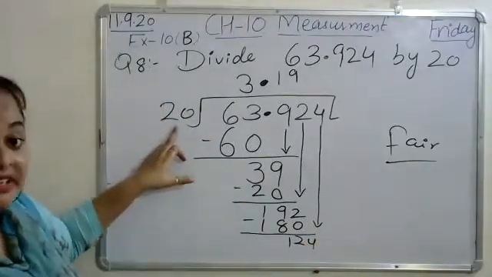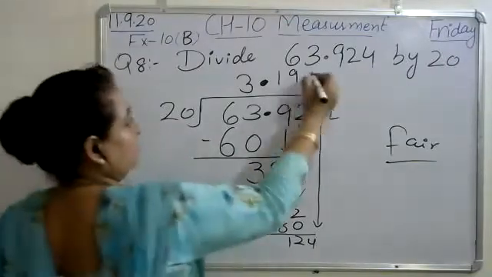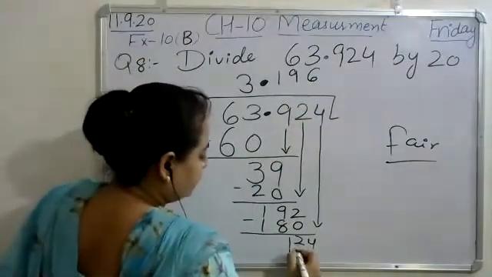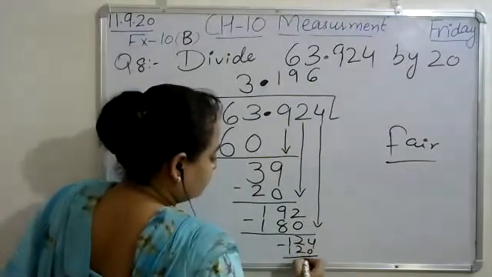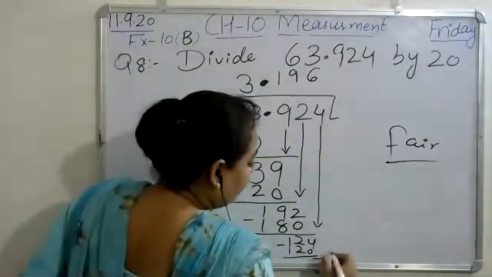Now 2 6s are 120. So remainder is 24 here.